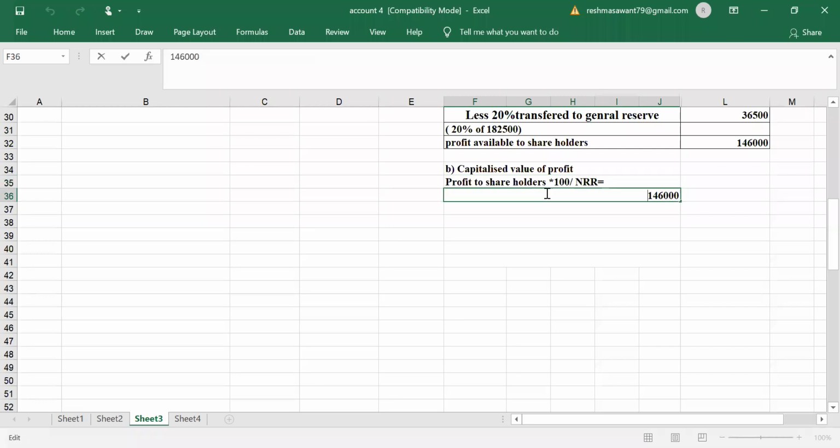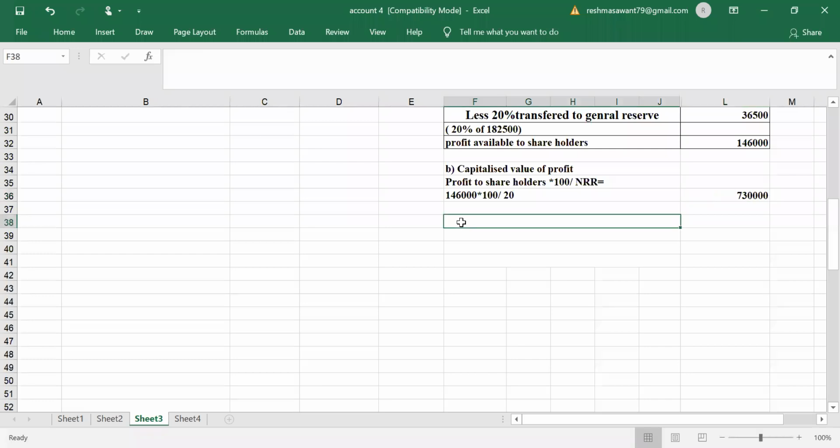So in this calculation, 1,46,000 into 100 divided by 20, that is 20%. So your answer for capitalized value of profit will be 7,30,000.